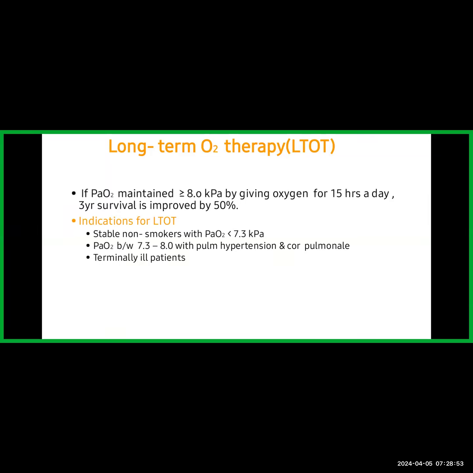And even for patients that have a partial pressure of oxygen greater than this, if the partial pressure of oxygen is maintained at more than 8.0 kPa by giving oxygen for 15 hours a day, 3-year survival is improved by 50%.